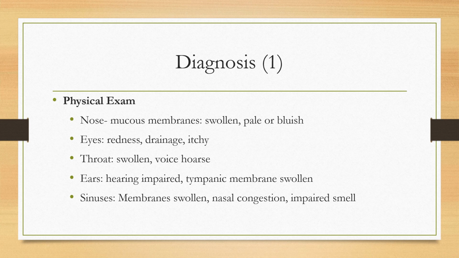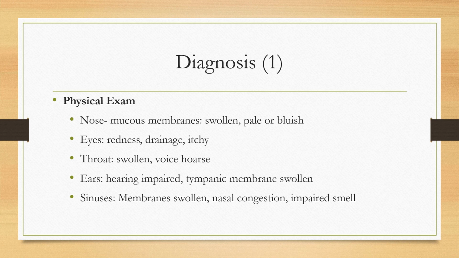When we're looking at the nose and the mouth, the mucous membranes, they may be swollen, they may be pale, they may be bluish because remember, with vasoconstriction, there may be some cyanosis. Their eyes, they may be red. There may be some drainage. They may tell you that they're itchy. Their throat is going to be swollen.